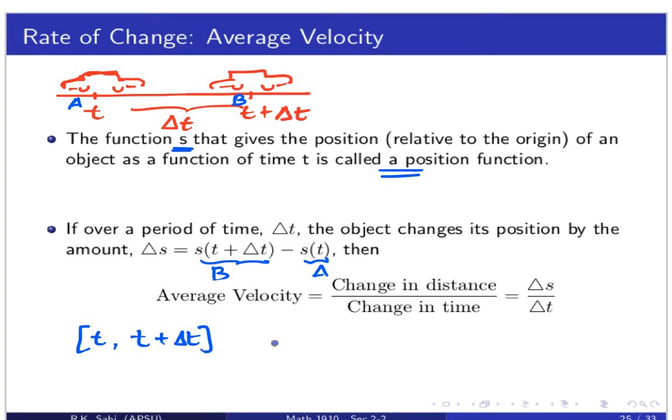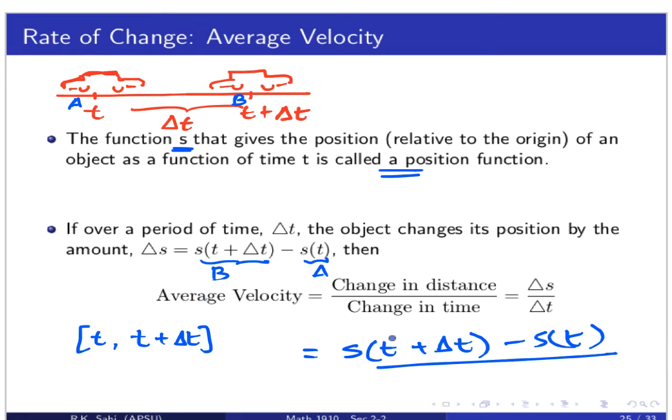Then the average velocity would be given as s of t plus delta t minus s of t, over t plus delta t minus t. So that's how delta t comes about. That's basically how the formula is.